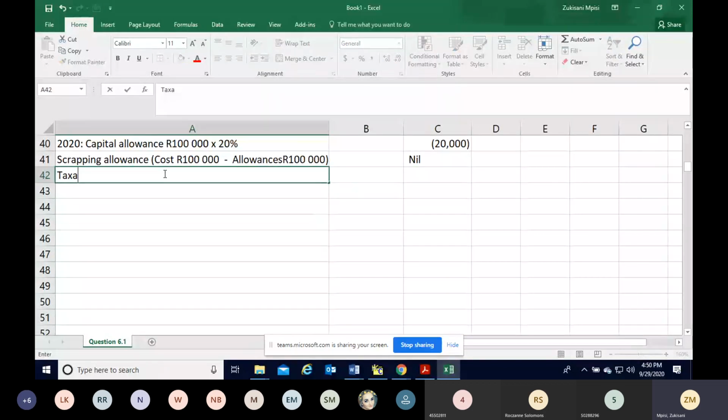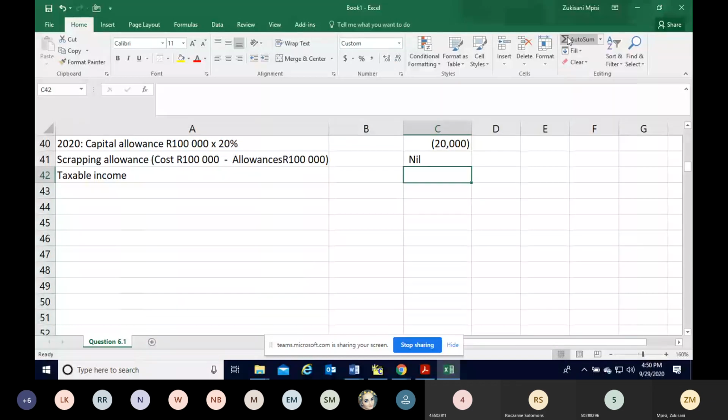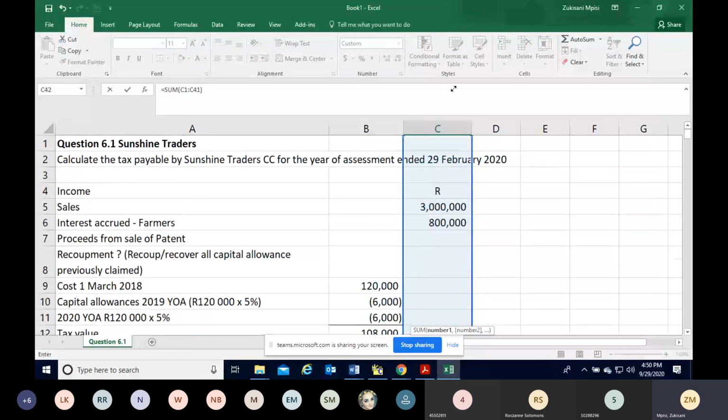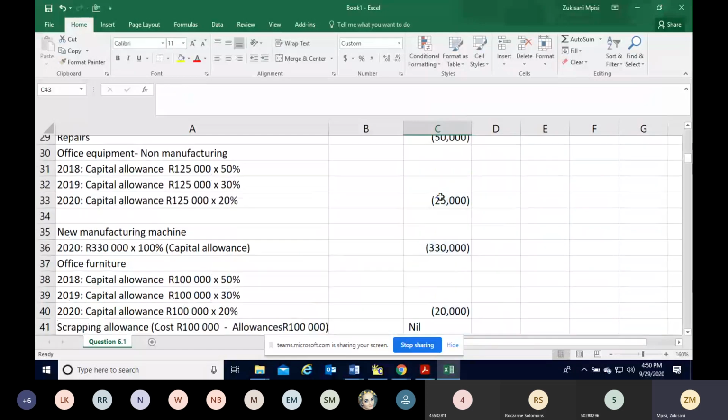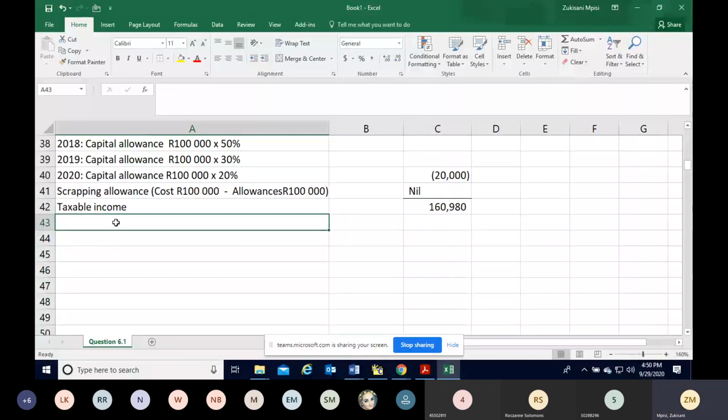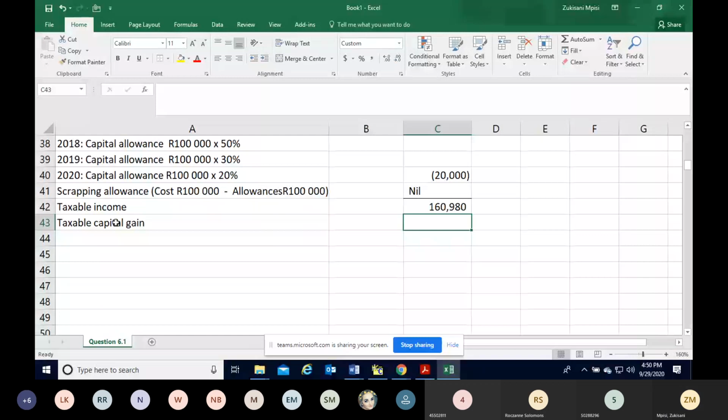Then we've got taxable income. So we take from sales, 160,980. Remember, I spoke about a taxable capital gain that we will need to go and edit, and it is 19,980.